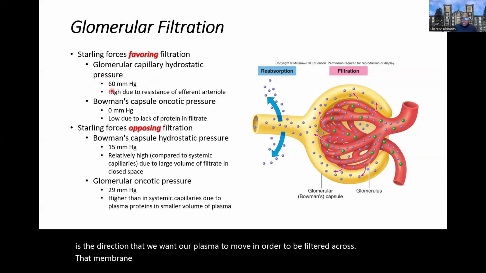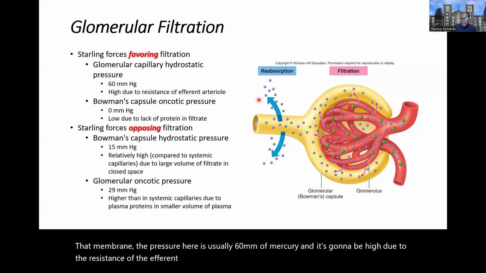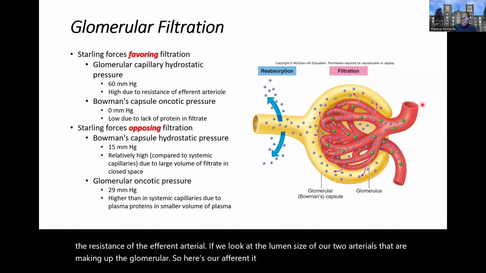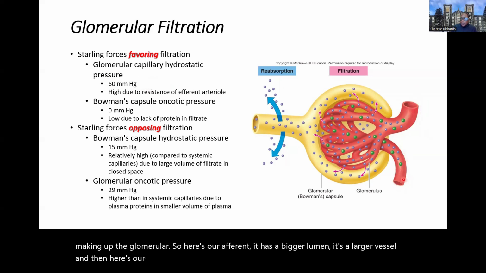The pressure here is usually 60 millimeters of mercury, and it's going to be high due to the resistance of the efferent arteriole. If we look at the lumen size of our two arterioles that are making up the glomerulus, here's our afferent. It has a bigger lumen, it's a larger vessel. And then here's our efferent with a smaller lumen.